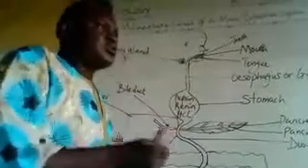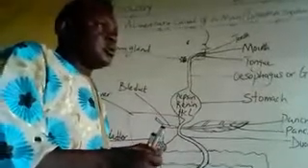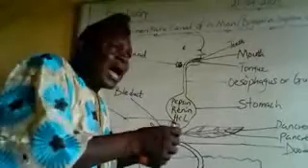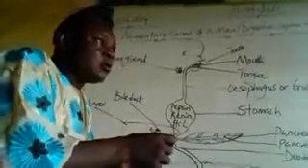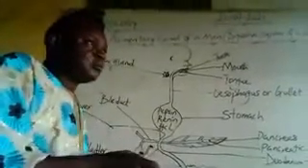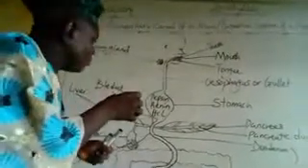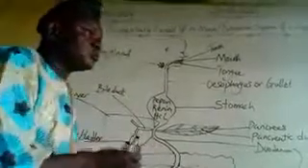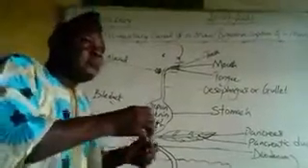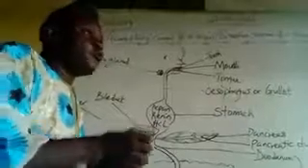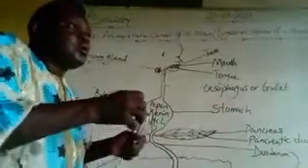In the stomach, the food will be churned by the muscular contraction of the stomach. The churning movement of the food will mix the food with the digestive juice.